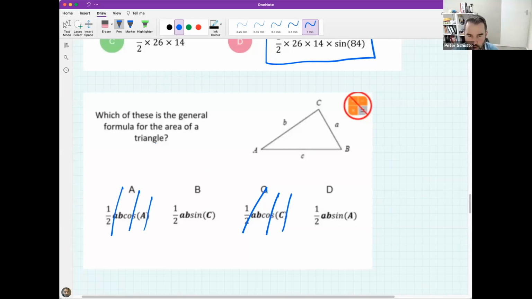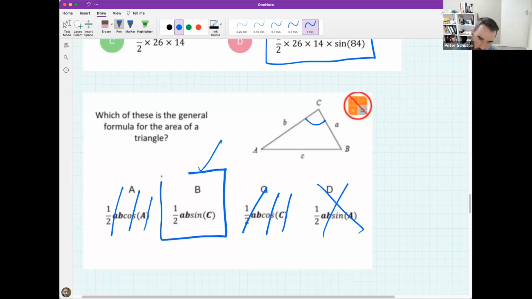A half A times B times the sine of A. No, that doesn't work because I need the angle between the two sides. So the correct answer should be that one, because there's the one side, there's the other side, and then I need the angle in between those, which is the sine of C.